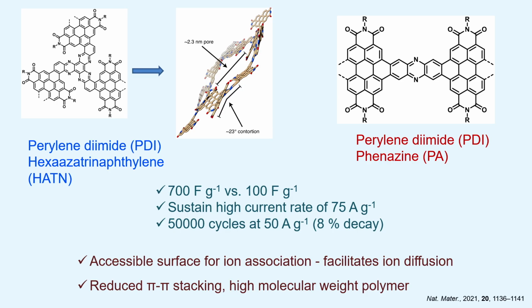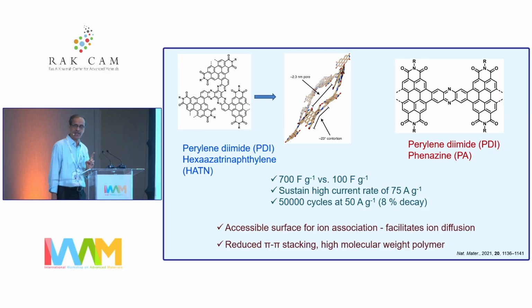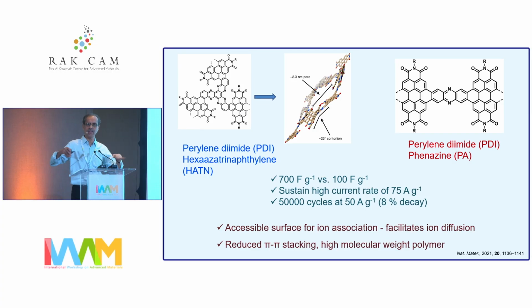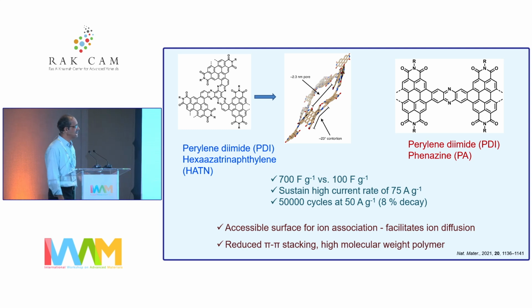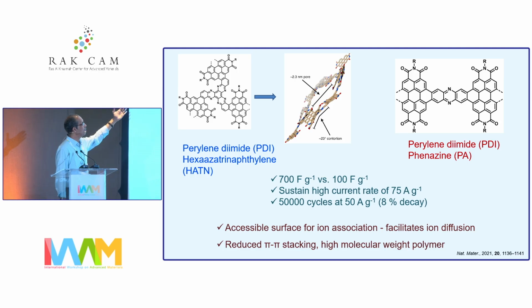What you see in the middle is the molecular model of the molecule on the left, which has about 23-degree contortion. And a similar system was synthesized which does not have contortion, does not have strain in the system, and that's purely planar. So the one on the right gives you a much, much smaller capacity as opposed to what you have with the strain.